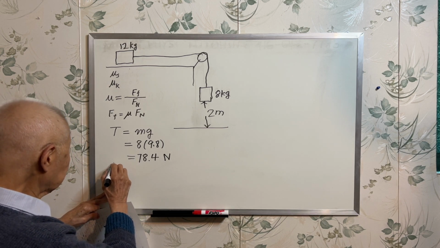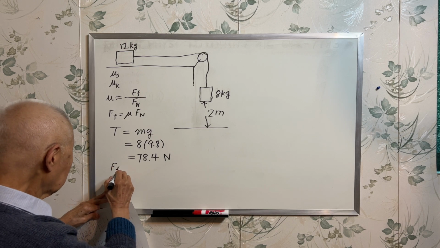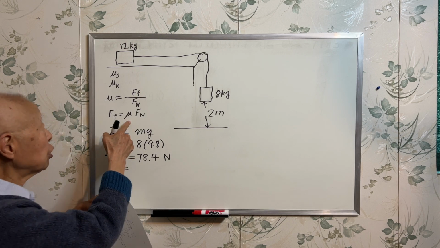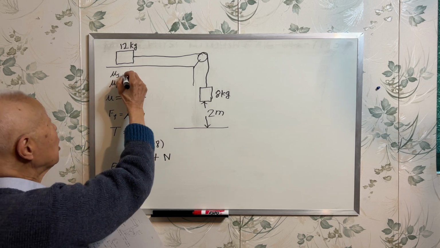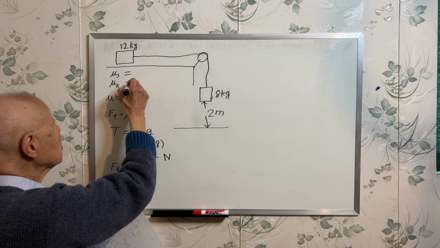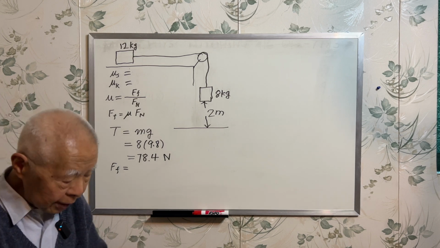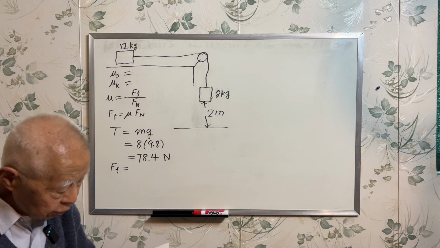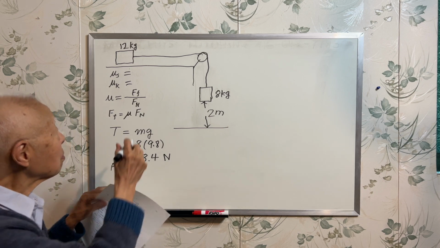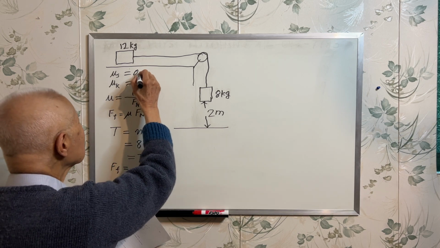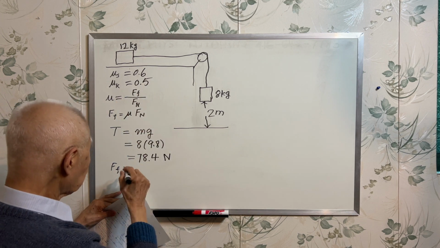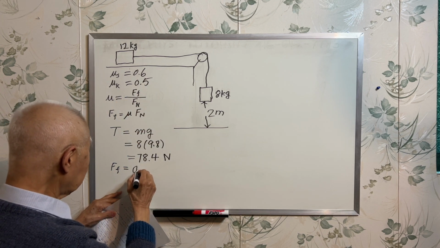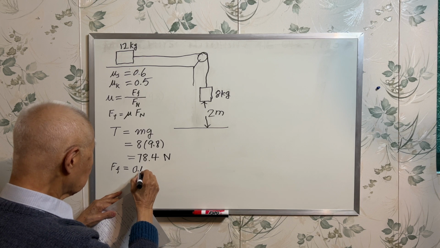For the force of friction, we use the value of static friction. And this value is given by the question. So I use the static coefficient of friction, 0.6.